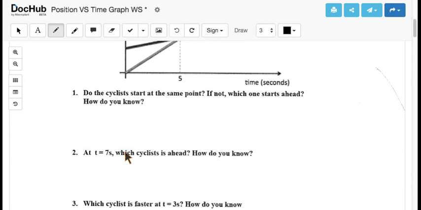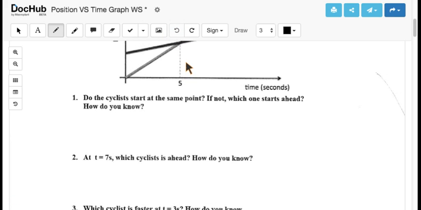And once again, when we do these things, always read. This has 3 different questions it's asking you. Do the cyclists start at the same point? So that's yes or no. If not, which one starts ahead? So you'll need to explain that one. And then how do you know that? That's the most important part here. So make sure you do not forget to put in the how you know in your answer.